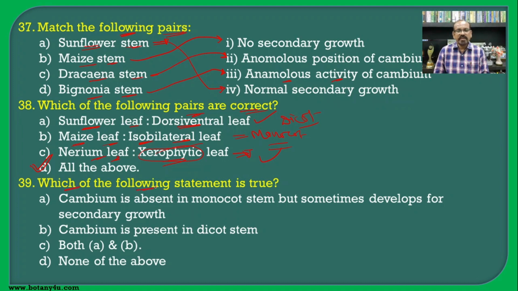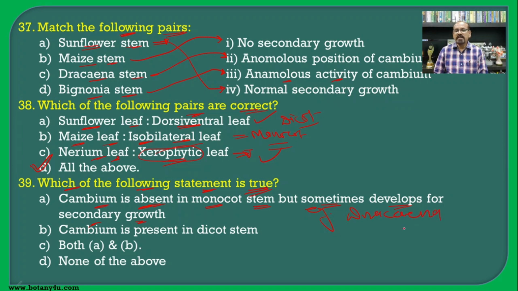Then which of the following statements is true? Number 1, the cambium is absent in the monocot stem, but sometimes develops for the secondary growth. Here we can take an example of the Dracaena.